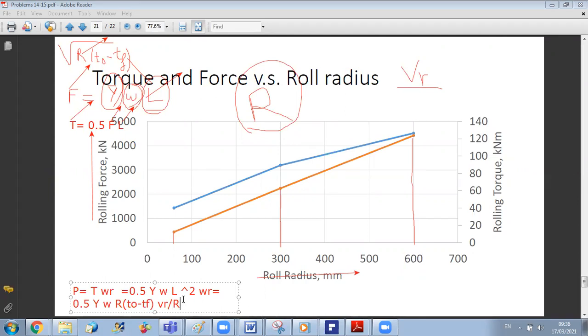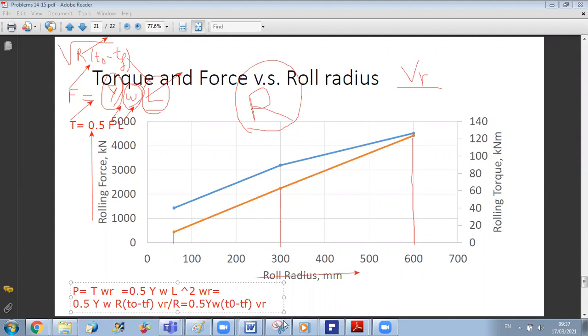So here, as you can see, radius will simplify from your equation because I have times r and over r. So your power will not be affected by the radius of your roll. It's 0.5 y omega r times T0 minus Tf, divided by r, times VR. So here my power is independent of the radius, so it's constant.